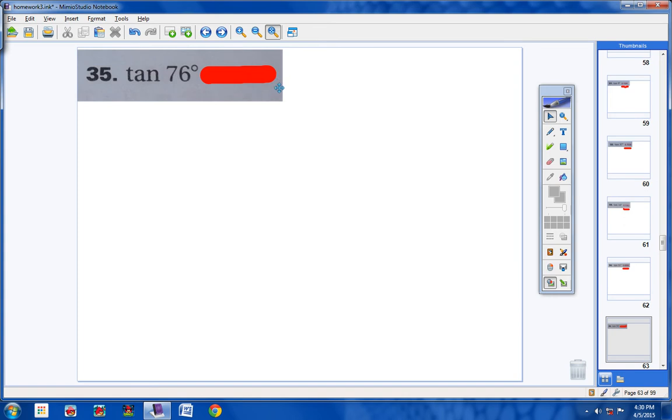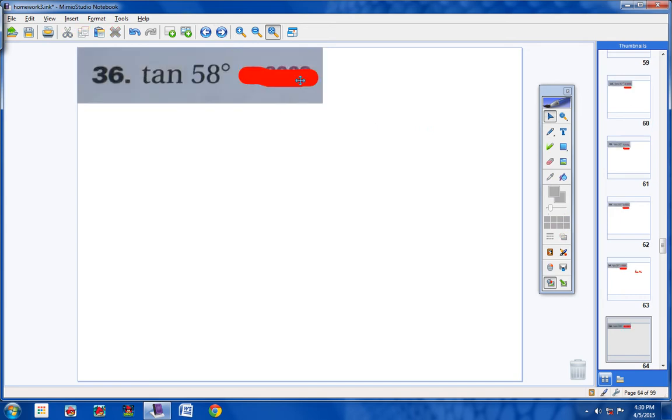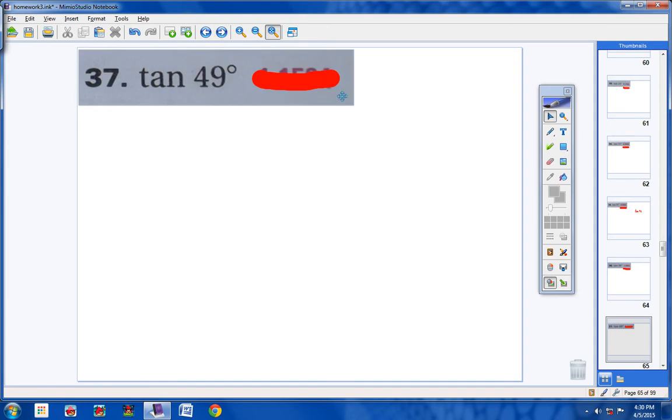Tangent of 35, with your calculator you would type in tangent, and then 76, and then hit enter. Make sure your calculator's in degrees. You should get that. Tangent of 58 would be this. And the tangent of 49 would be this.